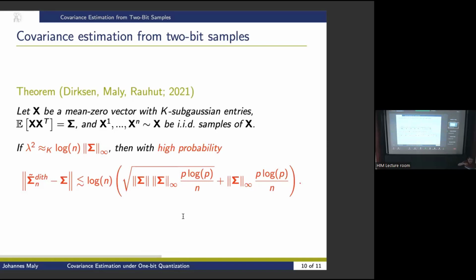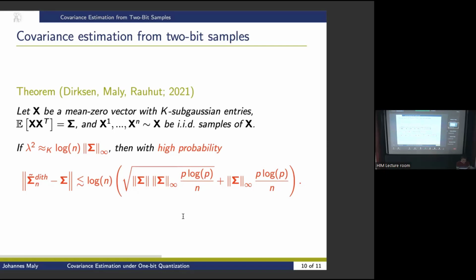If lambda is really of a good order, which depends slightly on the number of samples we use, then with high probability, we get again a bound that consists of the two important tails. You see the p appearing and an additional dependence on log n, which is a very mild additional error. Okay. So what is the sigma infinity? It's the maximal entry norm, yeah.